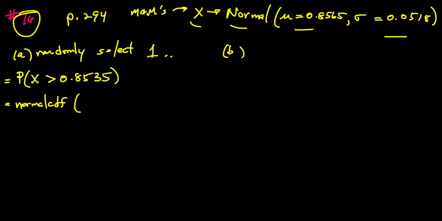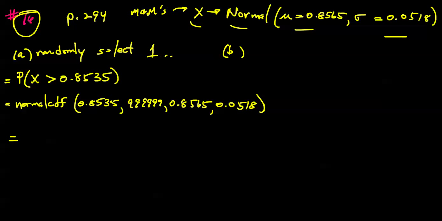My left bound is going to be 0.8535. My right bound is going to be, in theory, infinity, and I'll use 999,999 as our approximation for infinity. The mean is 0.8565, and the standard deviation is 0.0518. I punch this out on my calculator. Make sure I got all these numbers right. Looks good.